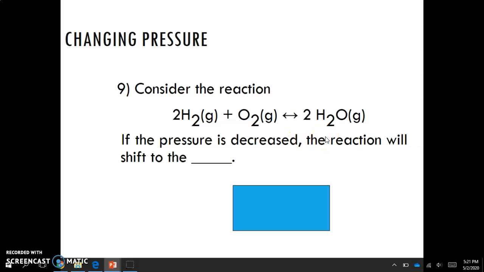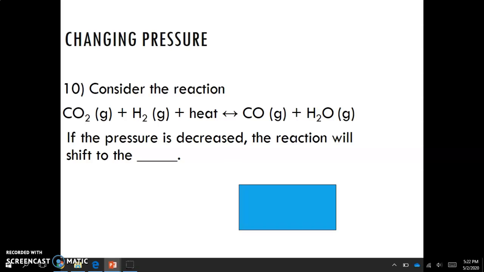And then on the right, we've got 2 moles of water. So 3 is greater than 2, so we're going to shift to where there are more molecules, which is to the left. And remember, a mole is Avogadro's number, 6.022 times 10 to the 23rd molecules, right? So it's just a value that you need to look at. So we're shifting left because that's where there are more molecules.